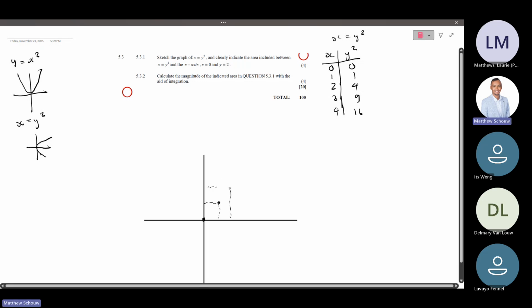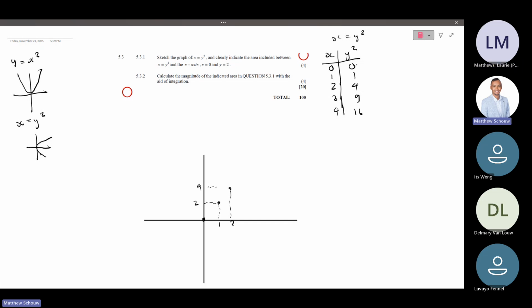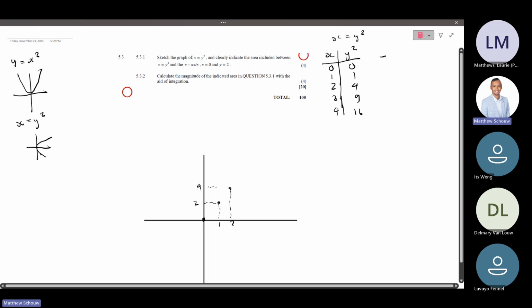I'm just creating approximate points. So this is going to be 0, 1, 2, and this will be 2, 4. What I should have done is start from the negative side as well. That would have actually helped. It didn't make a big difference for this question, but you would normally choose a range from -3 to 3 or -5 to 5.